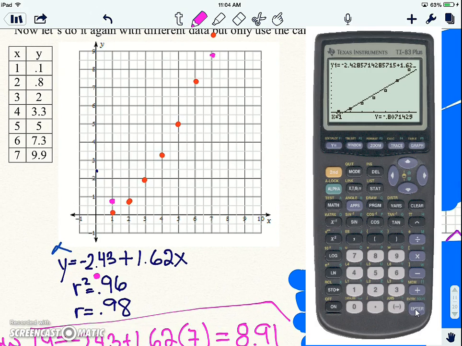So, really? Oh, negative 0.8, much better. The reason I could tell that wasn't right is that it wouldn't have connected. So it's negative 0.8, which makes much more sense. Right about here. And now I can draw in my line of best fit.